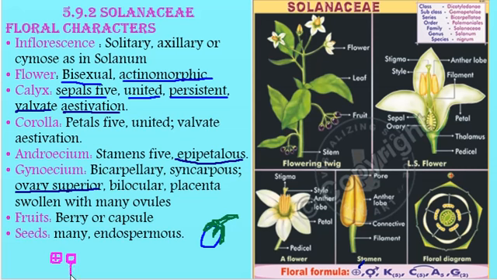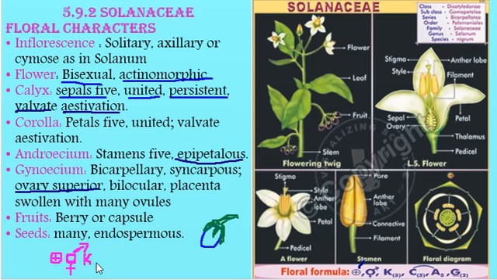This represents the female flower, and if you show an arrow mark like this, that is bisexual. Then calyx, how many sepals are present here? There are 5 sepals.